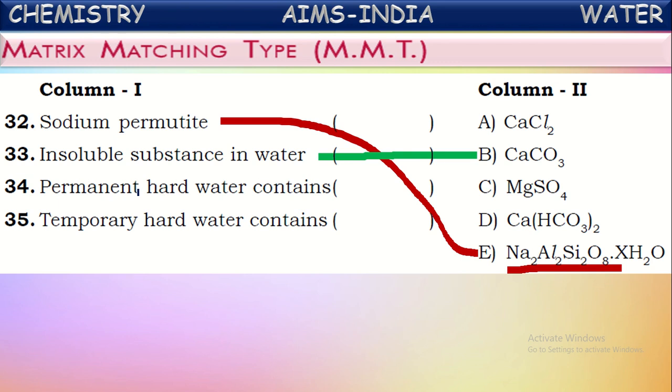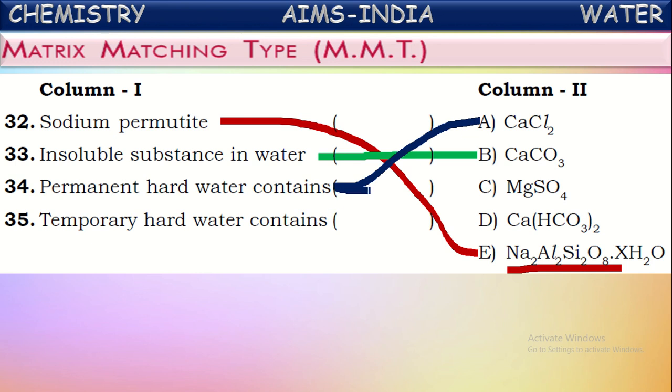Next one, permanent hard water contains. What does it contain? The chlorides and sulfates of calcium and magnesium cause permanent hardness to the water. Here they mentioned calcium chloride, which is one of the substances present in permanent hard water.